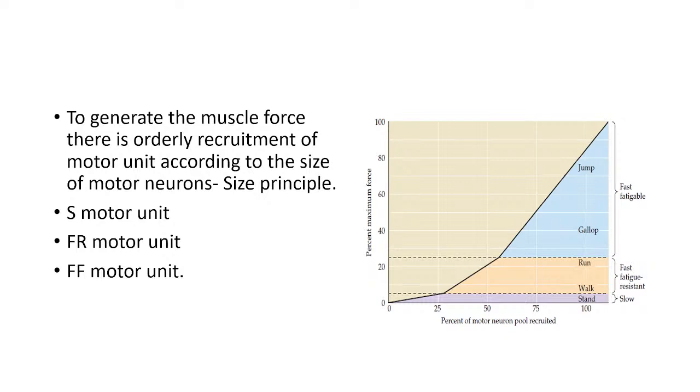So, this is the orderly representation of recruitment of motor units according to the size principle. पहले छोटा मोटर यूनिट, फिर फास्ट फटीग रेजिस्टेंट मोटर यूनिट और फाइनली फास्ट फटीगेबल मोटर यूनिट को रिक्रूट किया जाता है.